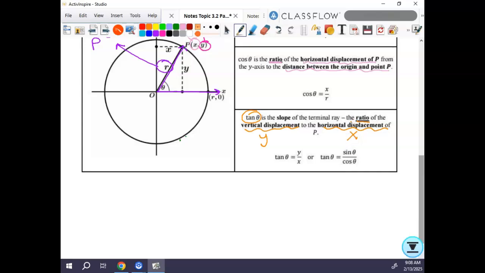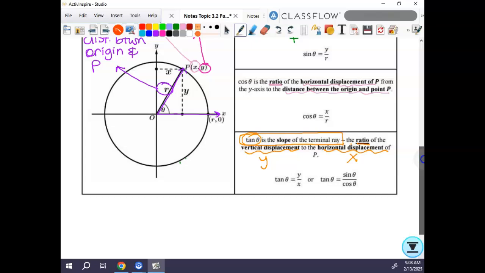And we know already that tangent is y over x, or sine over cosine, which hopefully we know from what I have sprinkled in this semester. The first part of this is the part we have to make sure we understand is true, because that could totally be in one of the questions, and if you don't understand that concept, it makes it a really difficult question. But if we understand that, it makes it really easy.